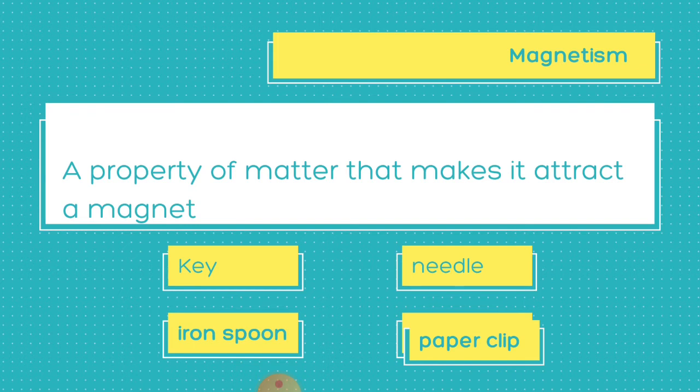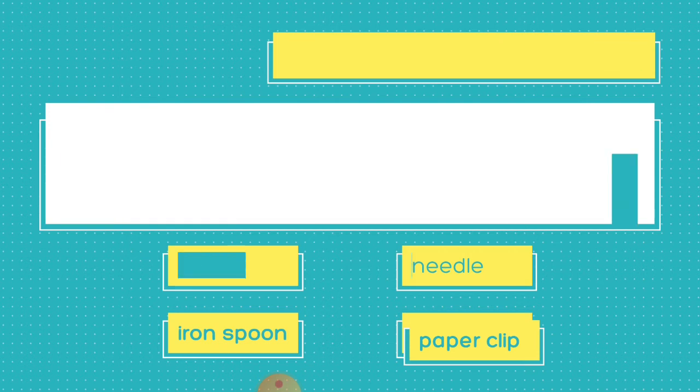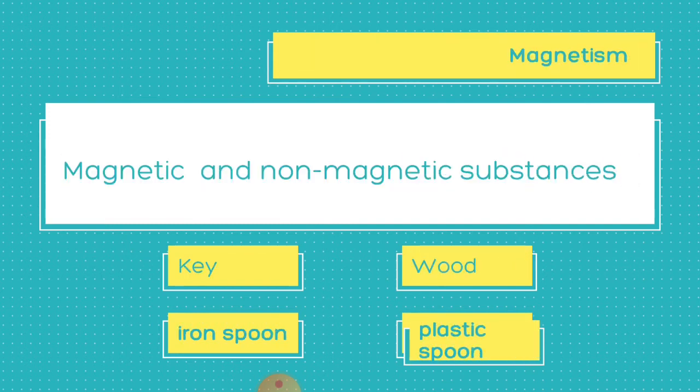So we have key, iron spoon, needle, and paper clip as examples of objects that can attract a magnet. Magnetic and non-magnetic substances. On the left side, we have examples of magnetic substances, which are key and iron spoon. And on the right hand side, we have examples of non-magnetic substances, wood and plastic spoon.